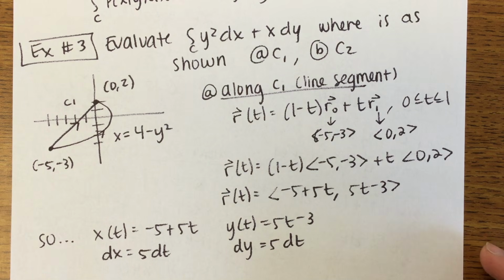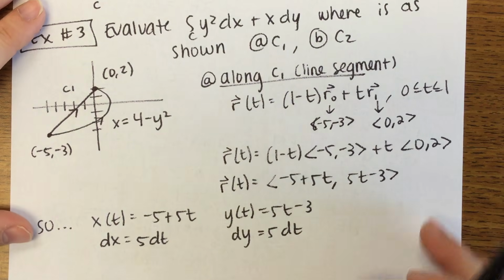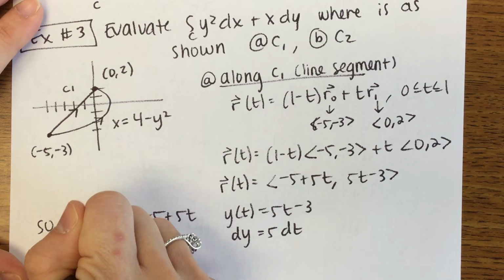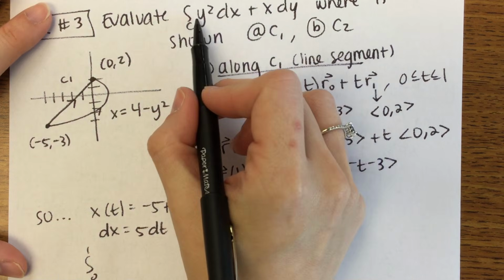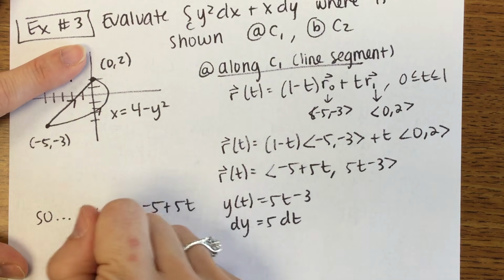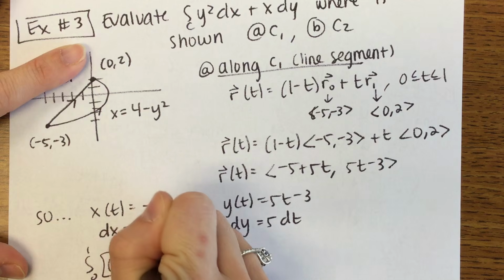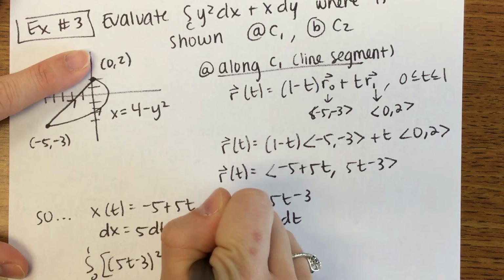So now we have to do the calculating. We're going back to this line integral. We are integrating from t equals 0 to t equals 1. We have y squared dx, so y squared, (5t minus 3) squared, dx is 5 dt.